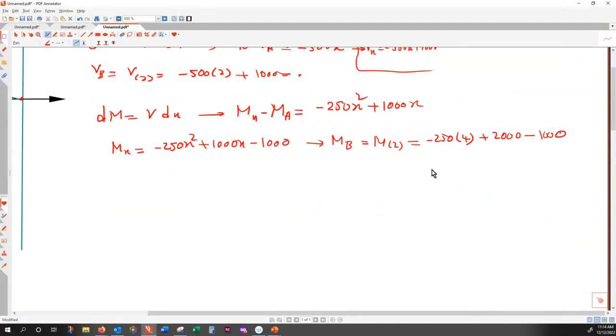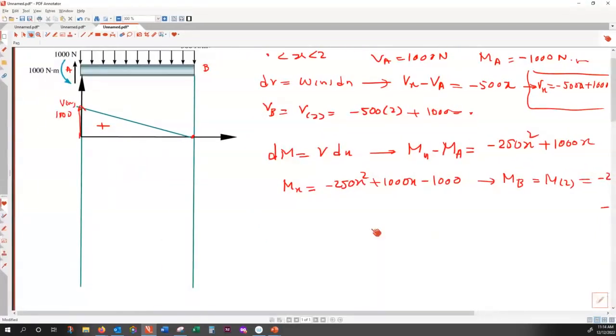That is minus 1000 plus 2000 minus 1000, that is equal to 0. Therefore the bending moment starts at minus 1000 and goes to 0.